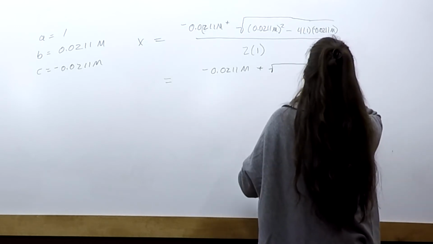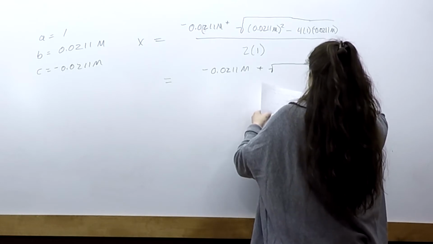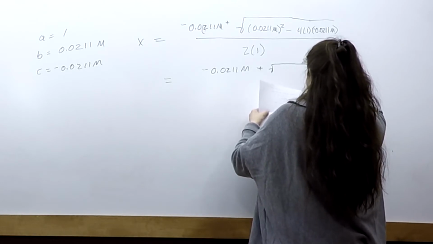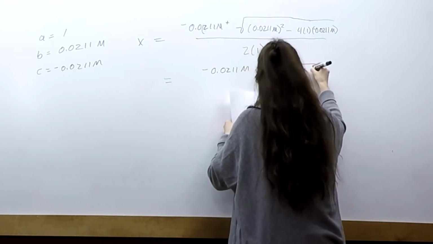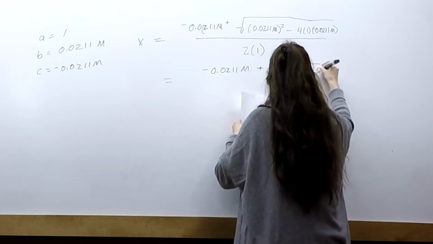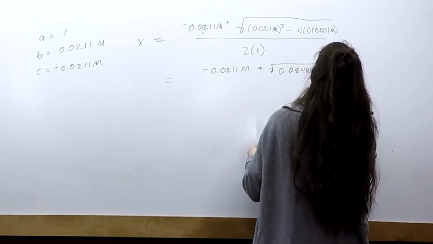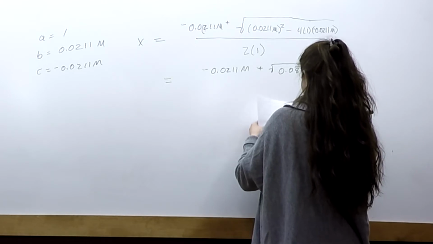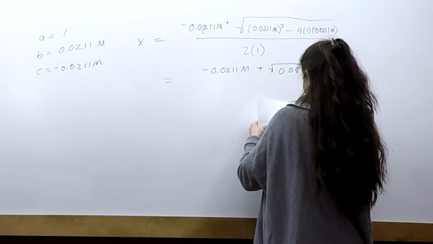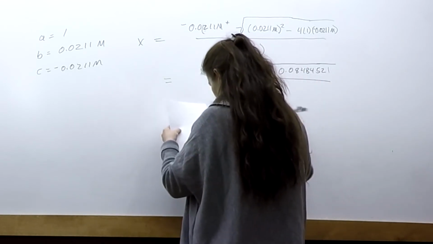What are we going to get? M squared minus n. Over 2.